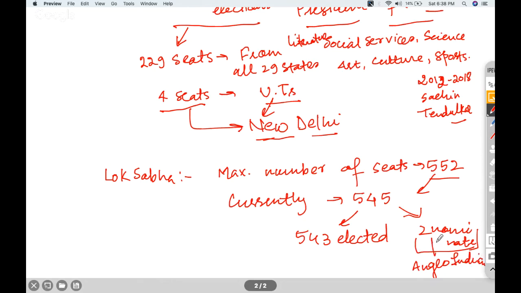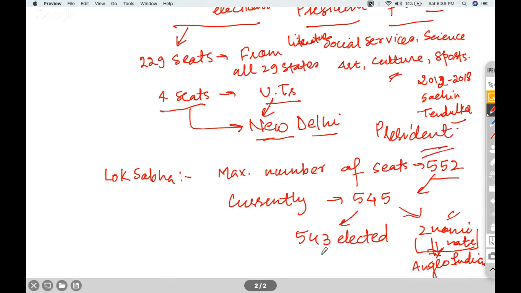This is only in case the President feels that members of the Anglo-Indian community have not been represented in Lok Sabha properly; only then can the President of India nominate. So the question can be, who nominates members in Parliament, whether in Rajya Sabha or Lok Sabha? Is it the Prime Minister? No, members are nominated by the President of India. So this is very important.